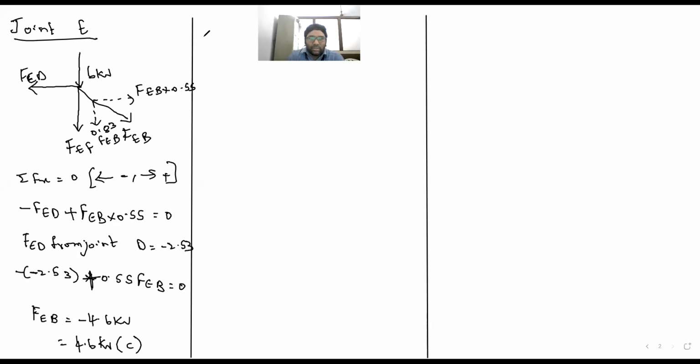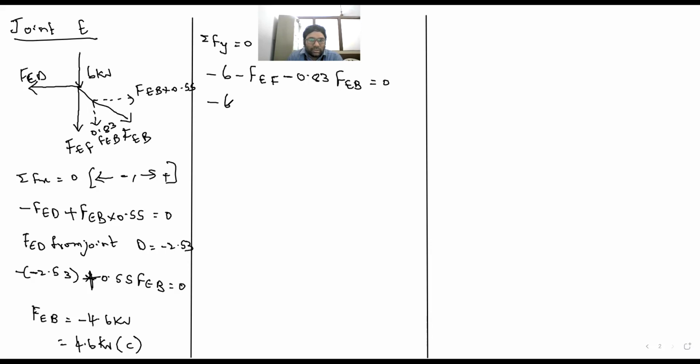Now, sigma Fy is equal to 0. What all do we know? Downward negative, upward positive. Clear. So minus 6, minus FEF, because that is downward, minus 0.83 FEB is equal to 0.